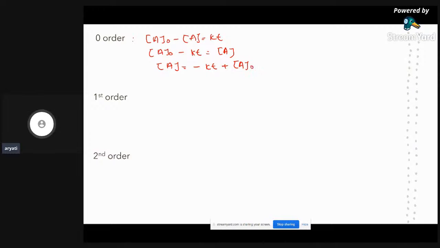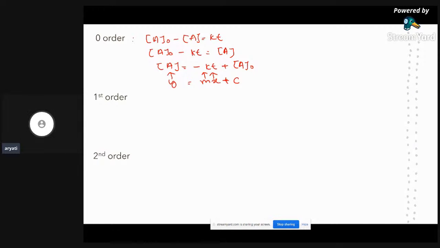If we compare this integrated equation with the linear equation y equal to mx plus c, your y-axis is concentration of A, x-axis is time, and your gradient is equal to the value of the rate constant.